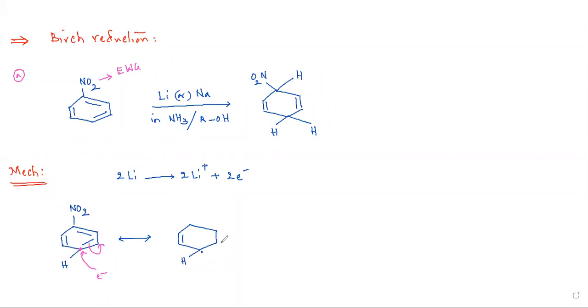You got an electron here, a negative charge, then this, of course, the NO2. Now the resonance. Bond goes towards this carbon.